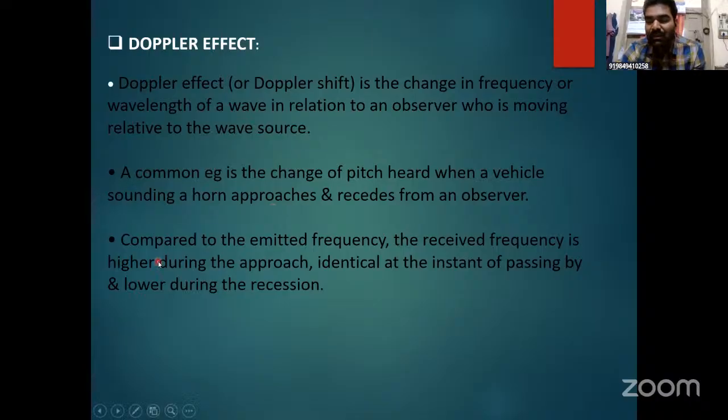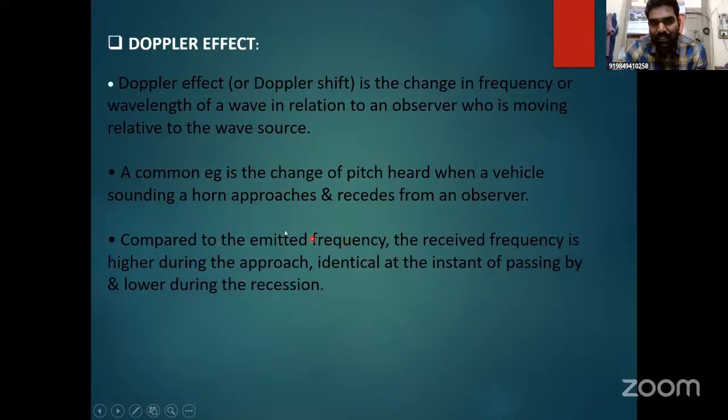The horn of the car is emitting the same frequency and wavelength, but as I am moving relative to the horn, what happens? If I go closer, I feel that the pitch of the horn sound is higher, compared to when I move far away from the car. So compared to the emitted frequency, the received frequency is higher during the approach.